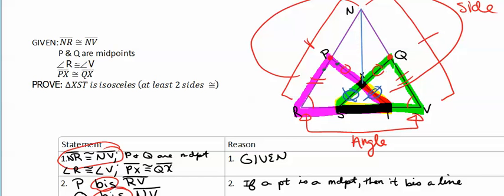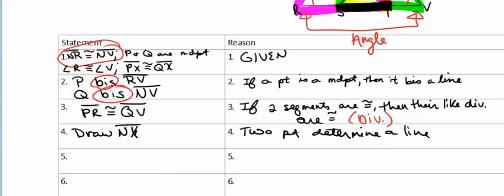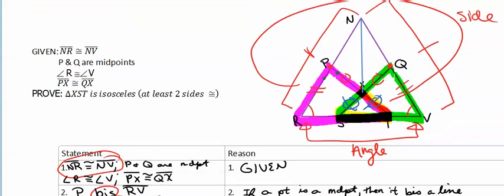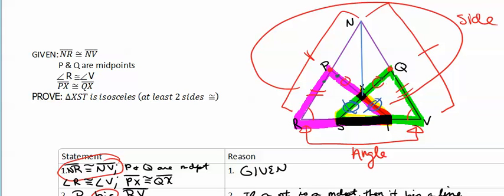So we'll draw the line NX, and the reason for that is 2 points determine a line. Now, do you see the two new triangles that we have just created? NPX and NQX.